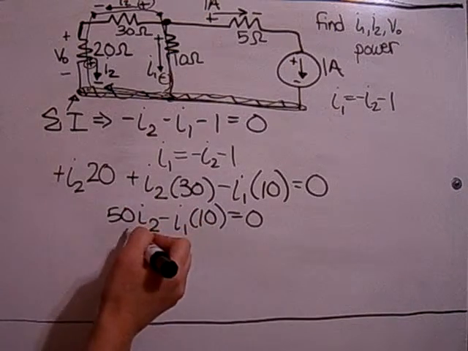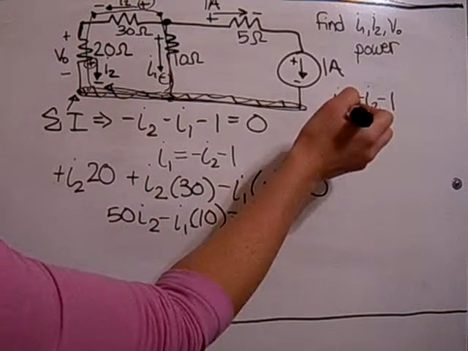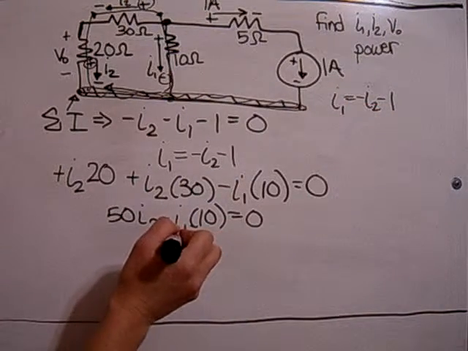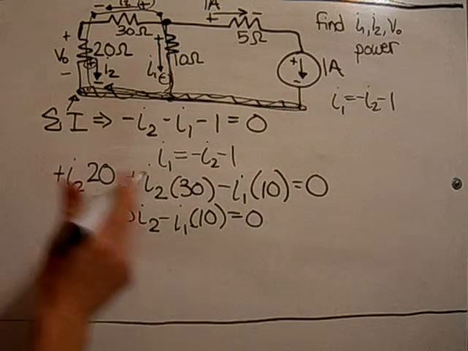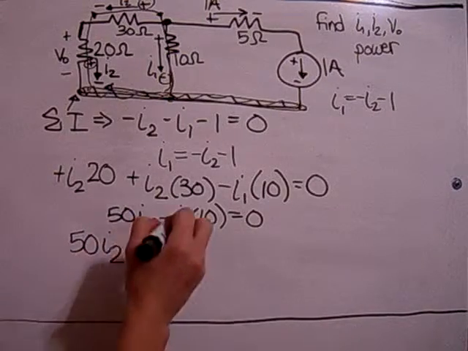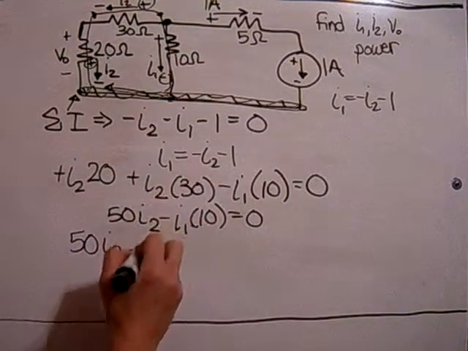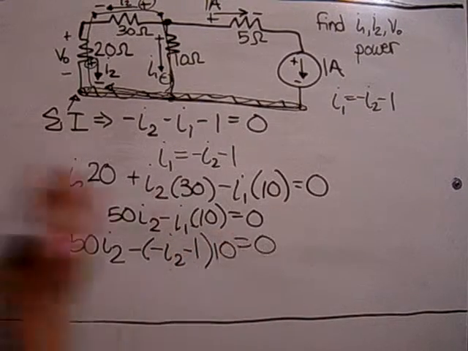Now I have an equation with I1 and I2 and another equation with I1 and I2. So I can substitute I1 in here and have one equation in terms of just I2. So 50 I2, and I plug in for I1, which is negative I2 minus 1, times 10.